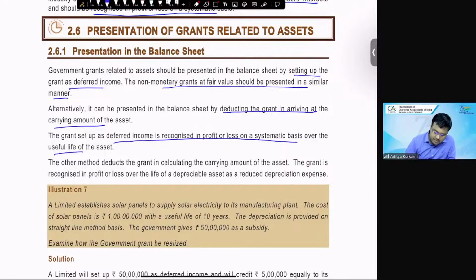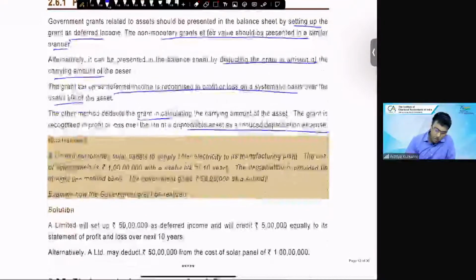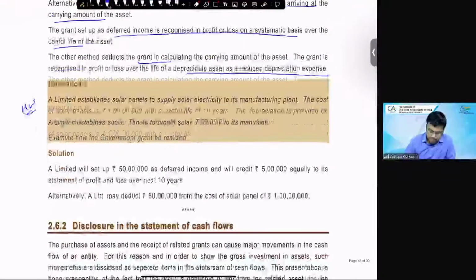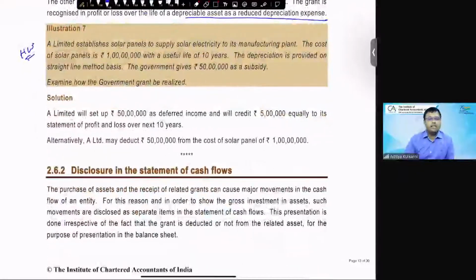Other method deducts grant. So therefore, you will have a reduced depreciation expense. I explained to you 30 rupees, 20 rupees, 10 rupees, 10 rupees depreciation or 20 rupees depreciation, whatever was the case, we saw that it ultimately turned out to be the same. So illustration 7, you can do this for homework. It's too simple.